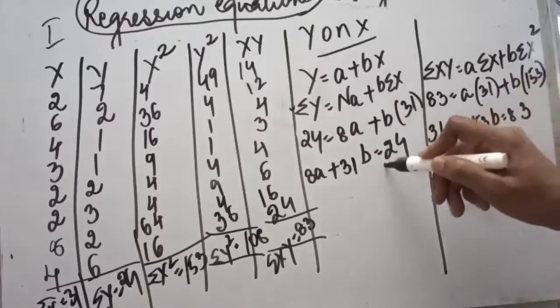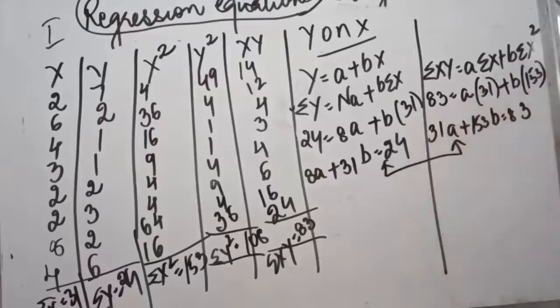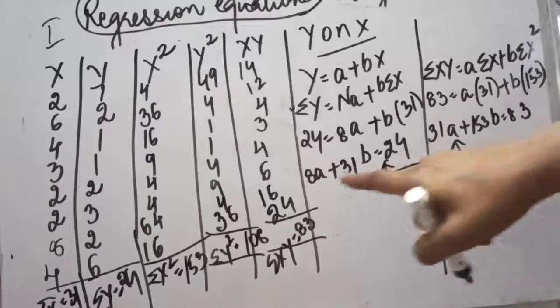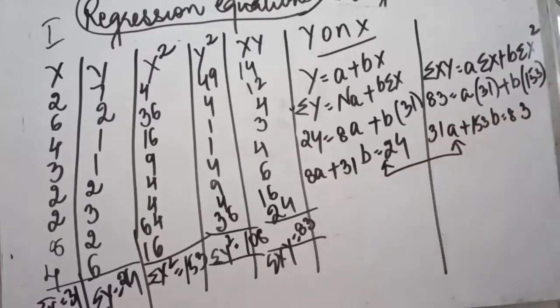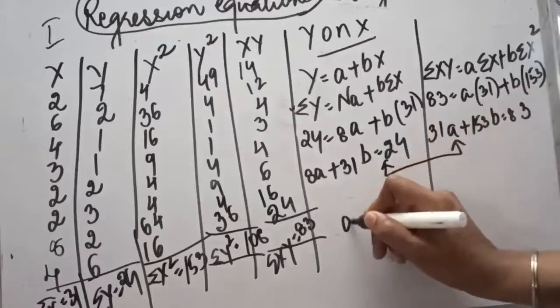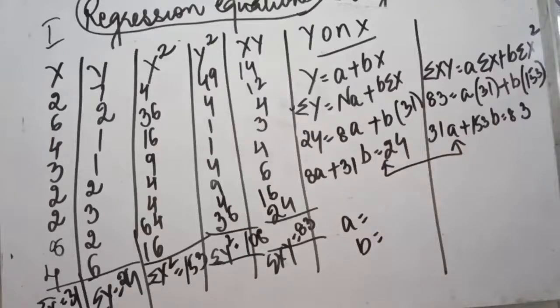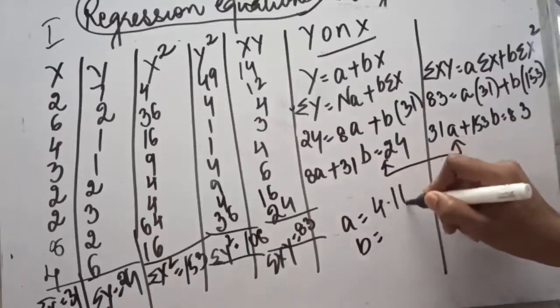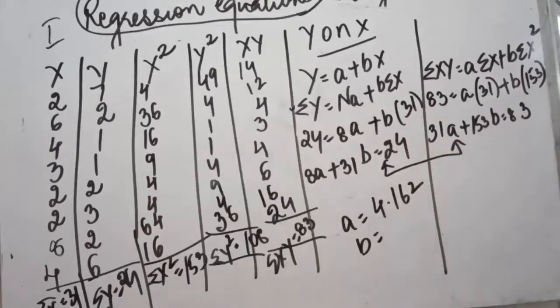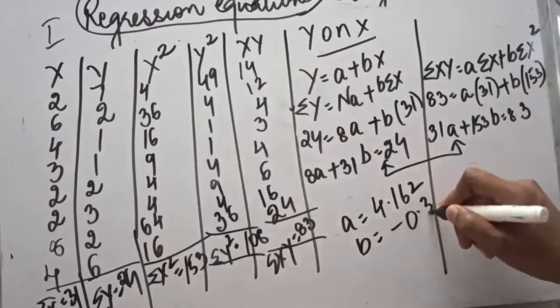Now again we will solve these two equations by equating. We can equate the first value or we can equate the second value. Then deleting, we will get the answers of A and B like in the earlier equations. For A you will get 4.162 and for B you will get minus 0.3.